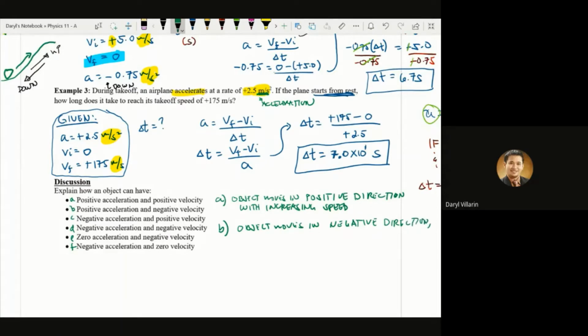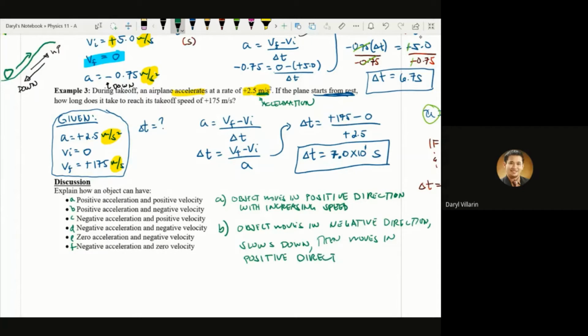And if you have noticed, even for the position time graph and the velocity time graph, the magnitude decreases, so it slows down. Okay. Then you can see in that particular case that it then moves in positive direction.